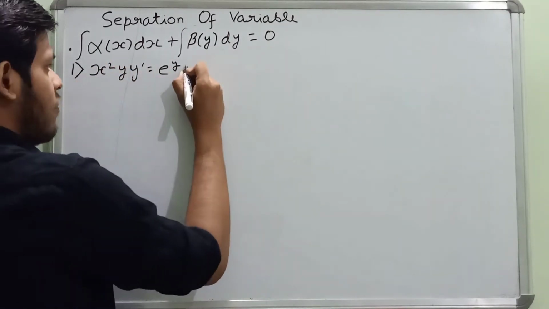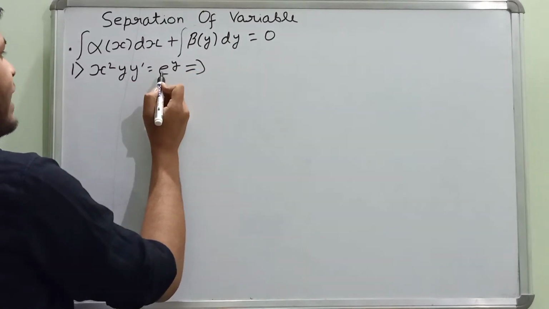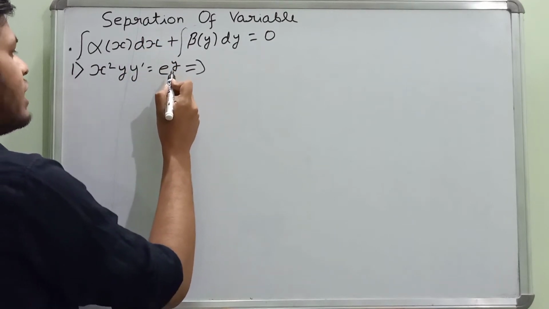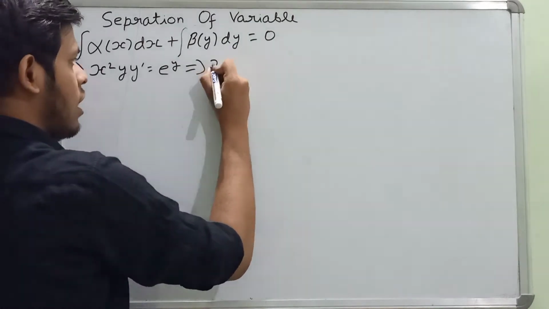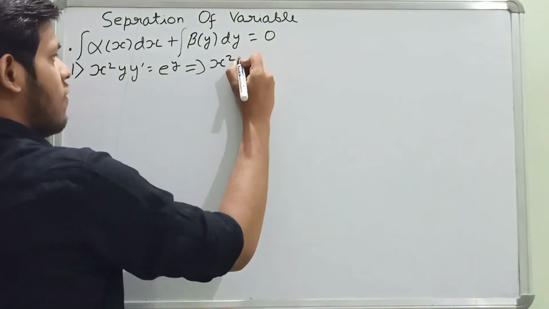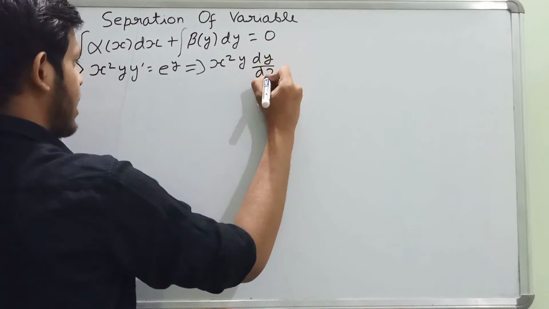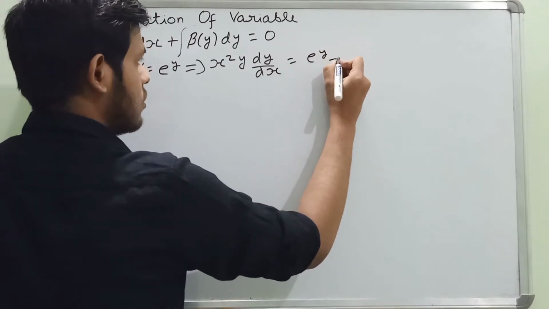Our first strategy will be to separate all the x variable with dx in the product and all the y variable with dy in the product. So this will be x square y dy upon dx is equal to e to the power y.